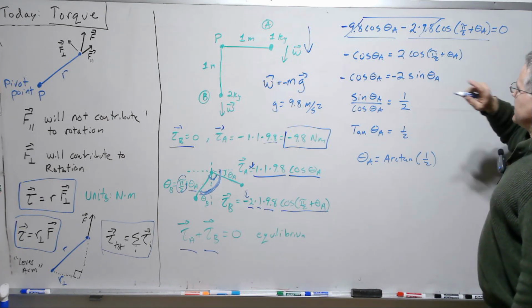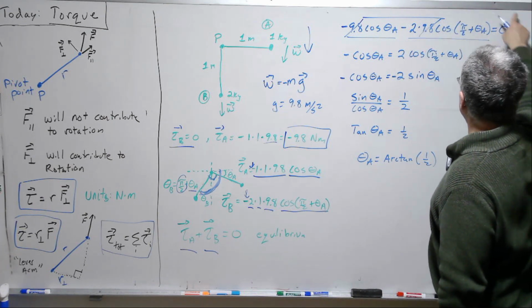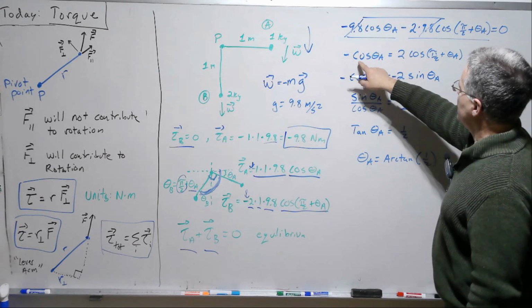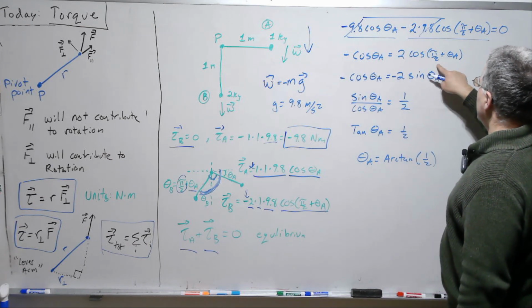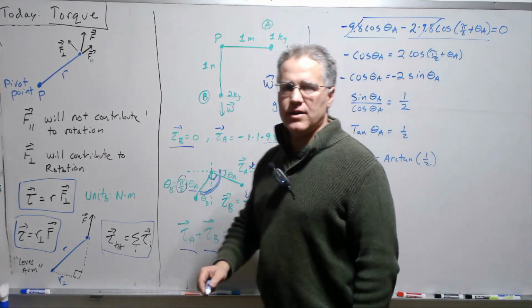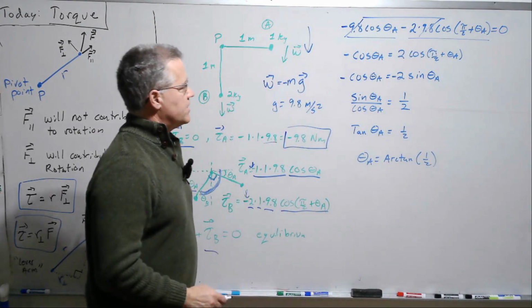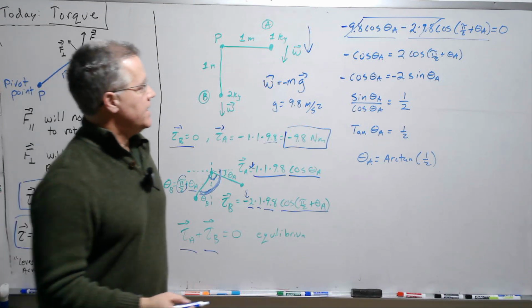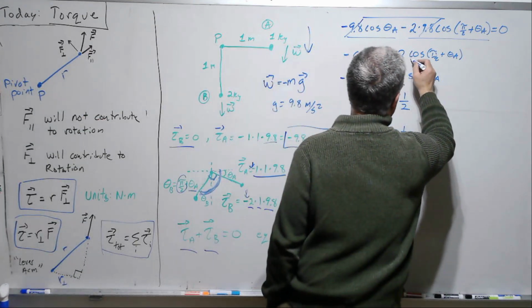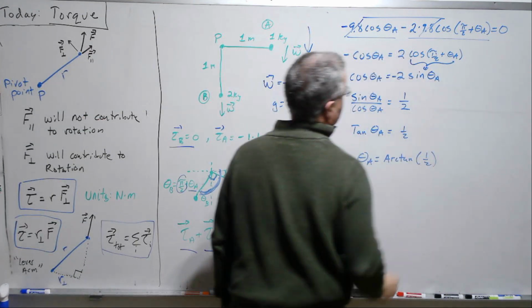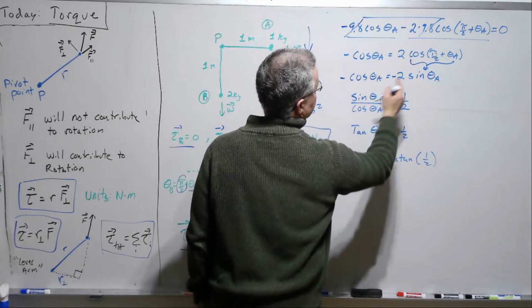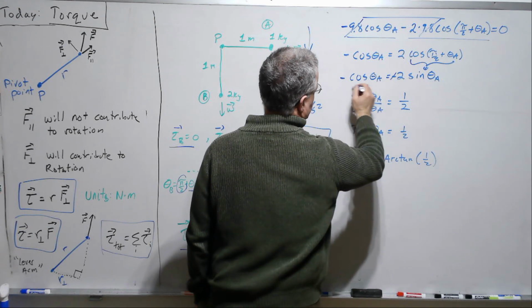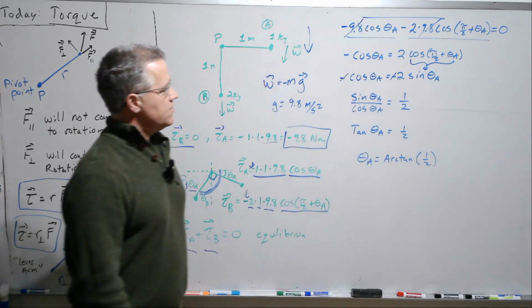Then I'm going to bring this bit over here, so I'm going to have minus cosine theta A equals 2 cosine of 2 pi plus theta A. Then we'll use the trig identity that this is equal to sine theta A. We've got negative sine theta A, so we're going to have two negative signs, so that will cancel.